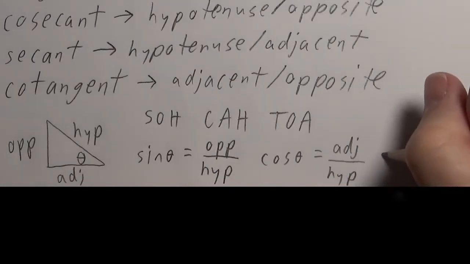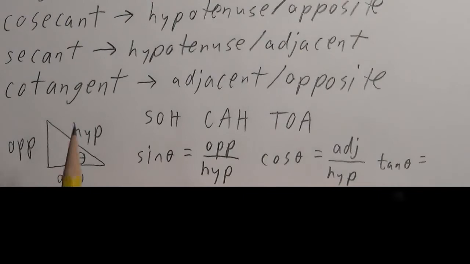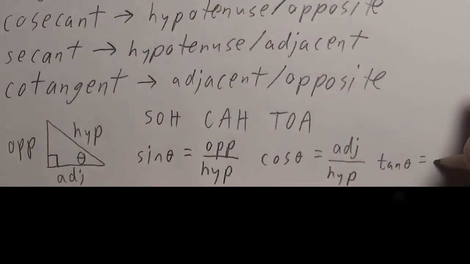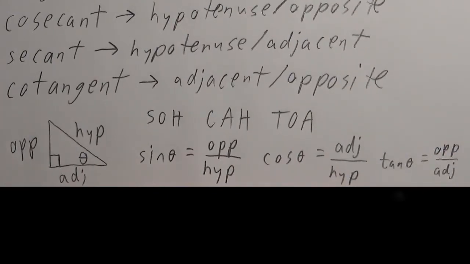And finally, tangent of the angle, there's the angle, and this is a right triangle, is a ratio of the opposite side over the adjacent side. I just barely fit that in.